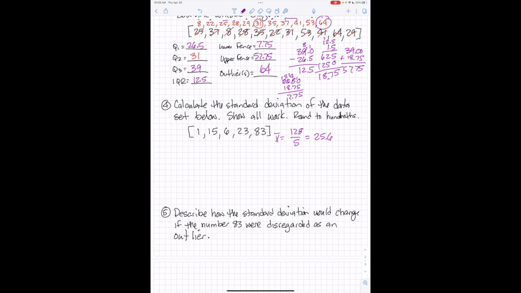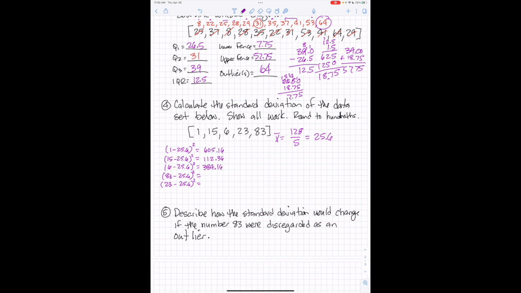I know it sounds like a lot, but here's how I write it. 1 minus 25.6 squared equals, 15 minus 25.6 squared equals, 6 minus 25.6 squared equals, 83 minus 25.6 squared equals, all right, I skipped something, 23. 23 minus 25.6 squared equals, okay. So do those real quick.